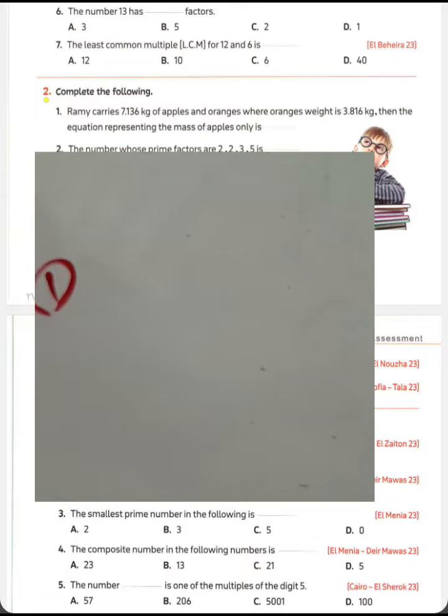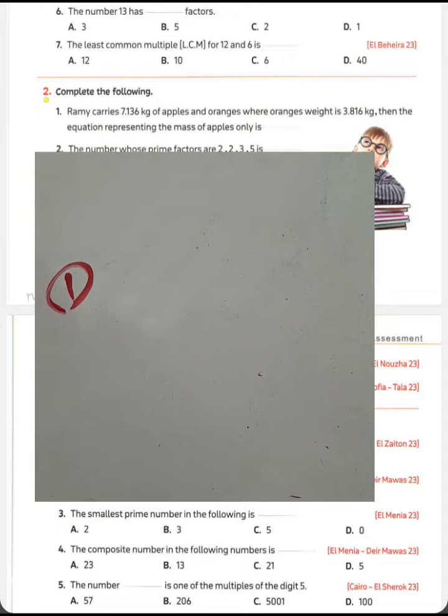We have the example. You want to find the equation for this example. It gives us a word problem to write in the form of an equation. Again, Rami carries 7.136 kilograms of apples and oranges, so it's the total. Where the orange weight is 3.816 kilograms.